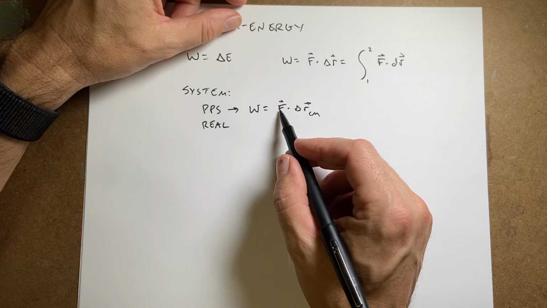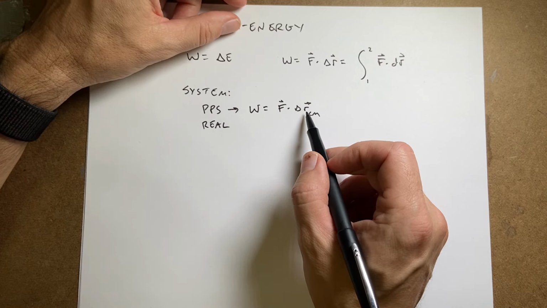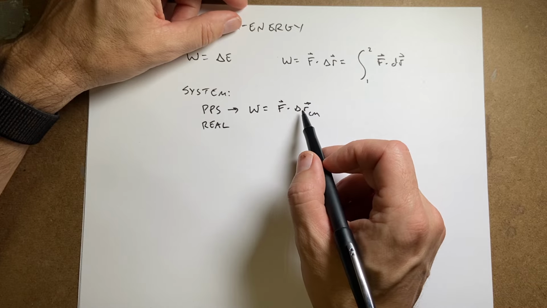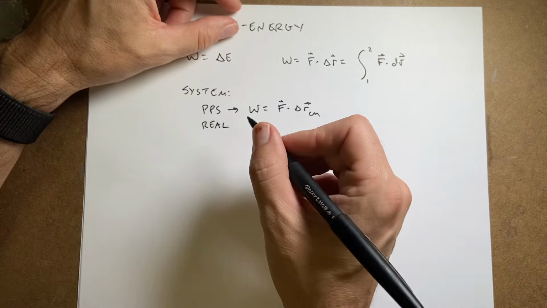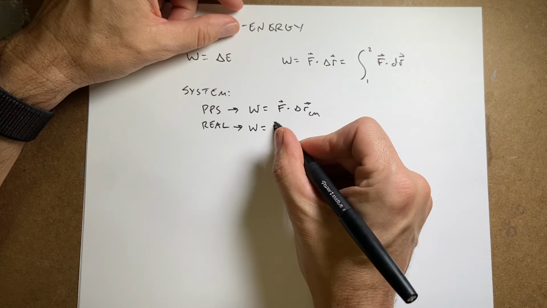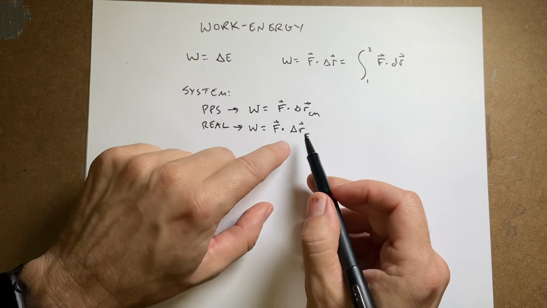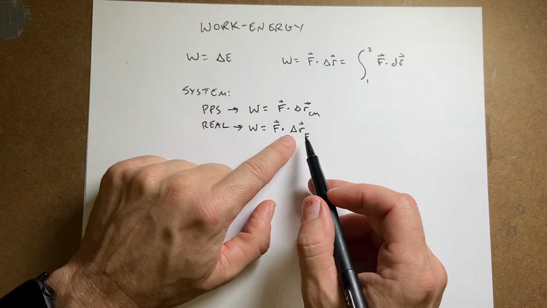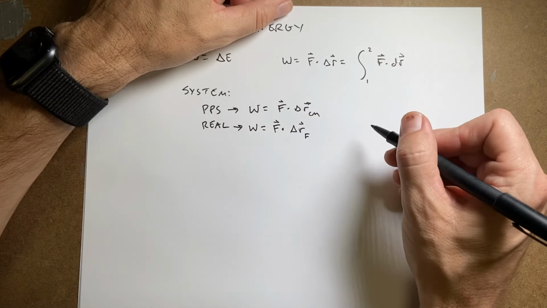So I take the forces acting on the system, and I use the displacement of the center of mass to find the work. And that assumes that the system is a point. Now, in the real system, I say work equals F dot delta R F. This is F dot the displacement of how far the force is applied. Let's go ahead and do an example.